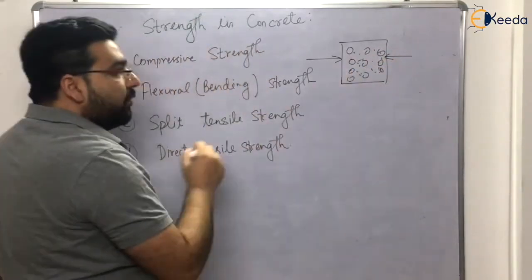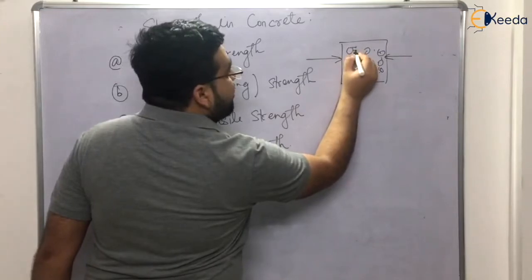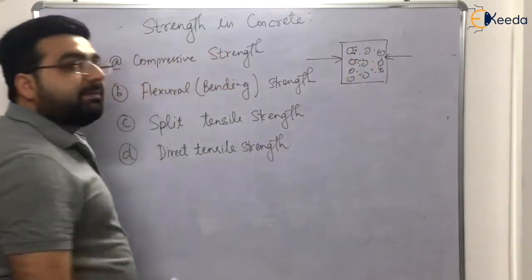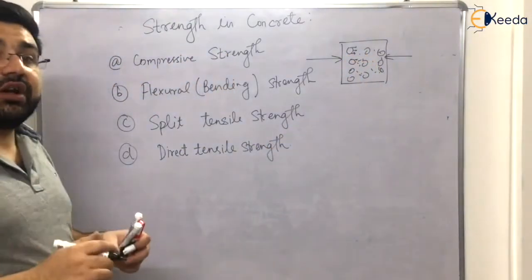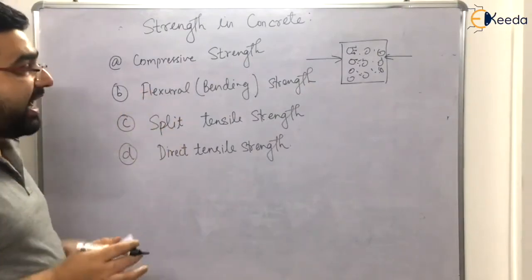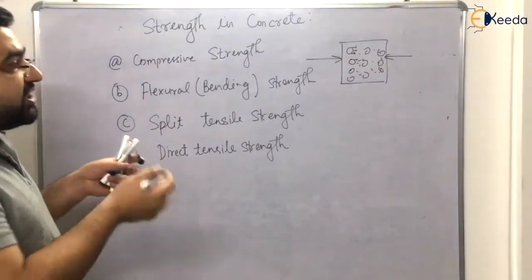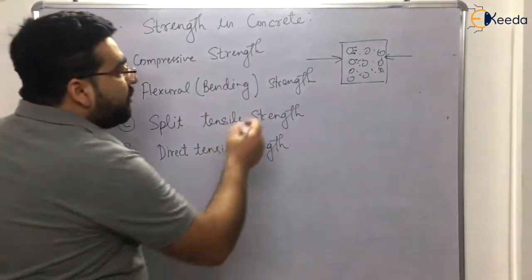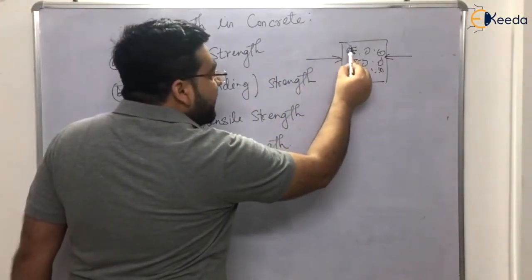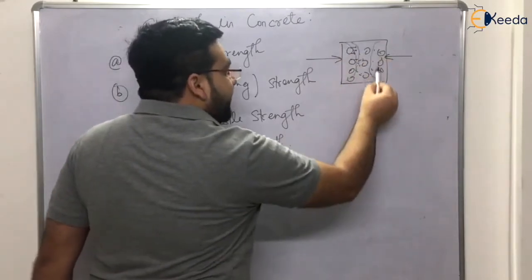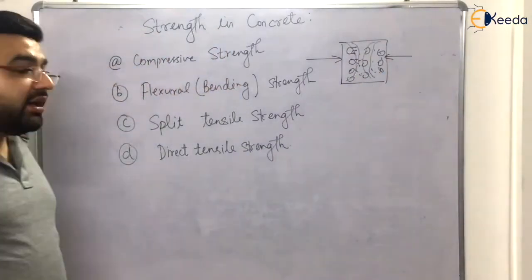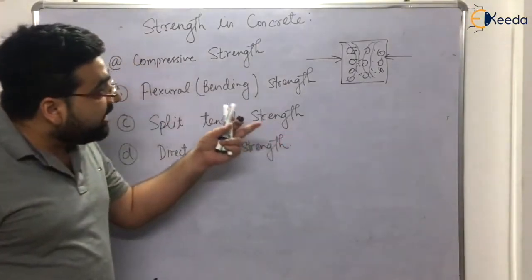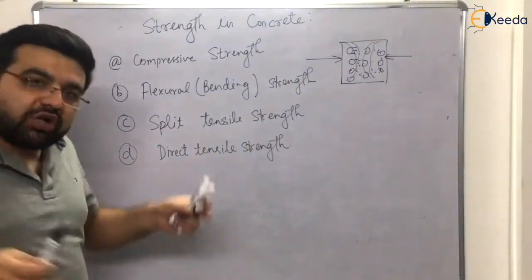If you apply force, then the force gradually gets transferred to each and every particle with the help of cement, because cement acts as a binding material. So cement transfers the force to all the particles, right? So obviously it can resist a lot of pressure, a lot of stress.